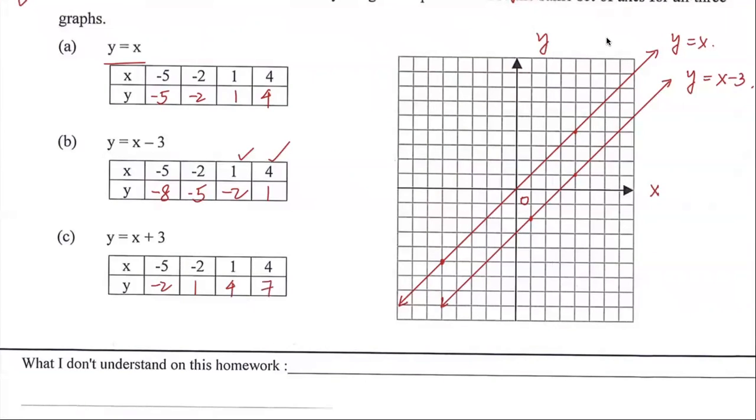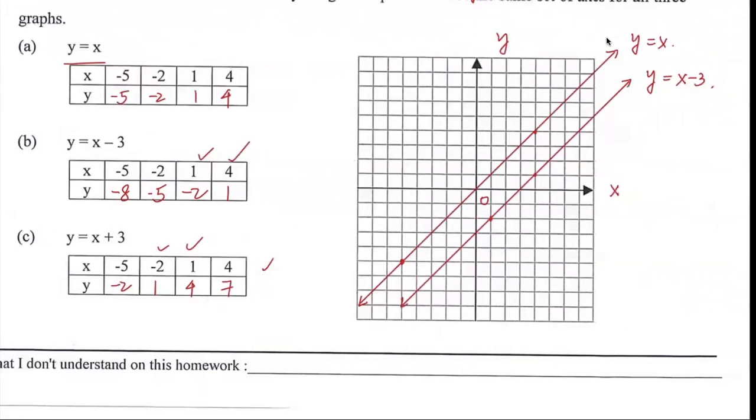Okay, again, we have 4 points. Let's use these 2 points this time. Okay, minus 2, 1 is this point, right? And 1, 4. 1, 1, 2, 3, 4, this point.